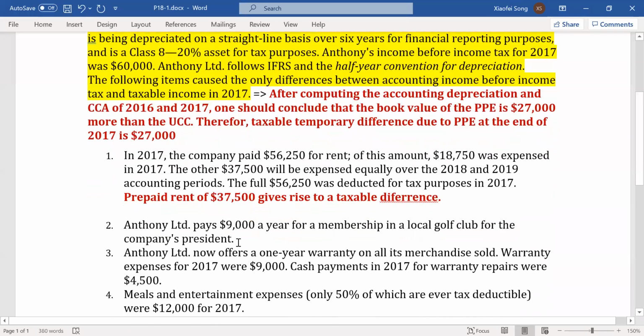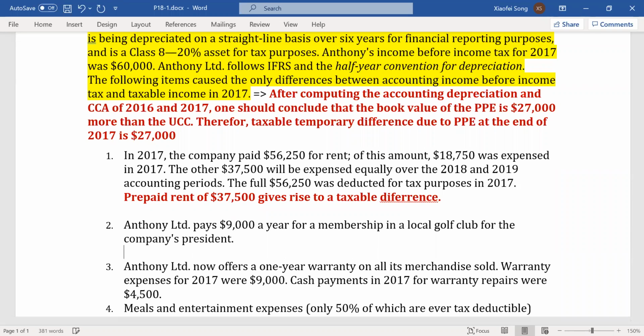Next one, Anthony paid $9,000 a year for a membership in a local golf club for the company's president. So this is a permanent difference.